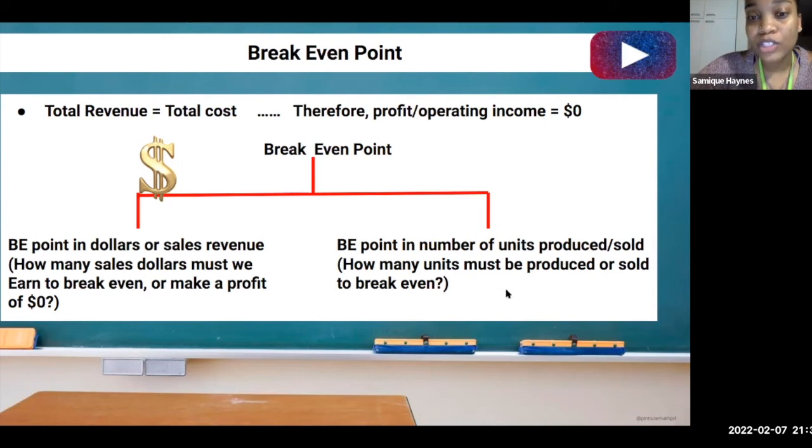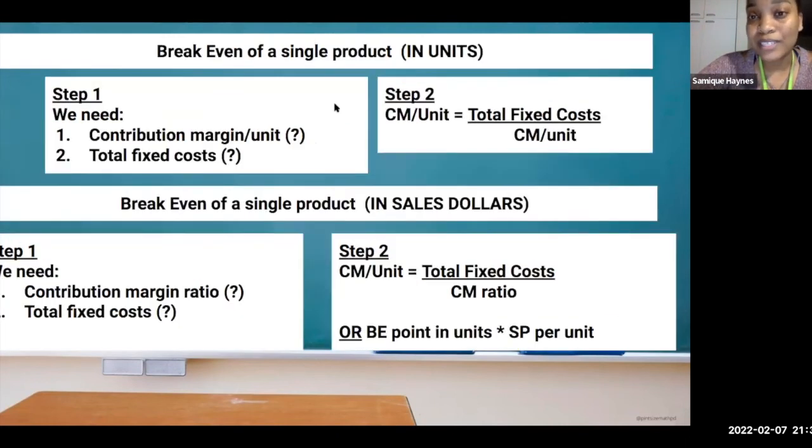Yes, that's correct. So that brings us to this slide, our formulas. We need the contribution margin per unit and we need the total fixed cost. So total fixed cost divided by contribution margin per unit is going to tell us our break even in units. But total fixed cost divided by our contribution margin ratio is going to give us our break even in sales dollars.